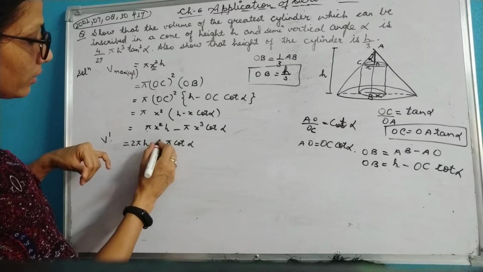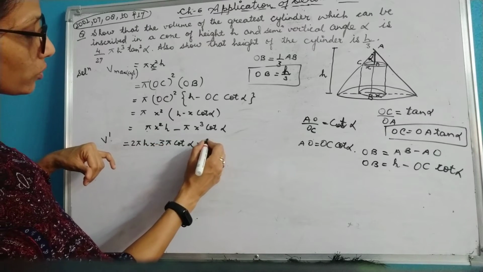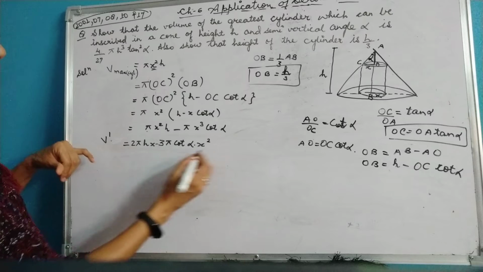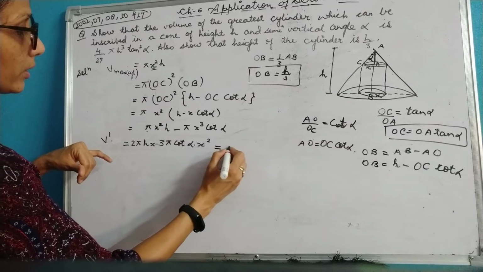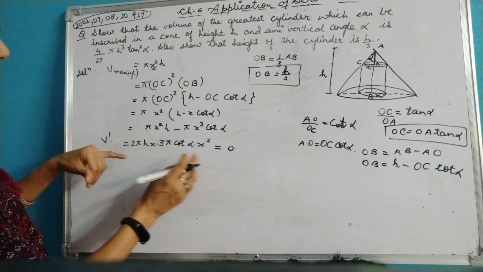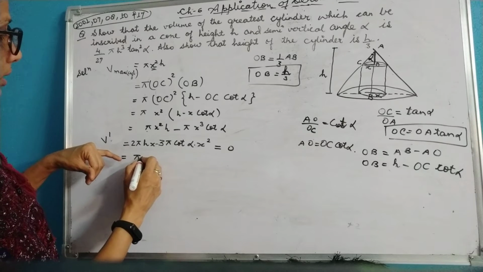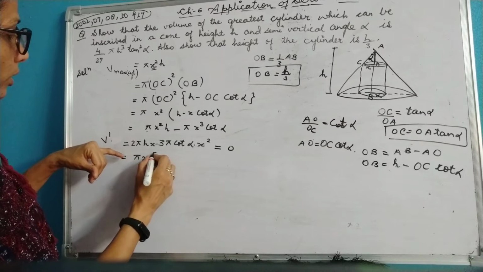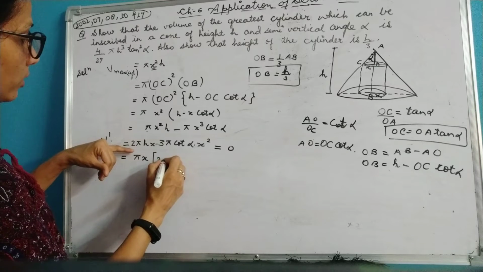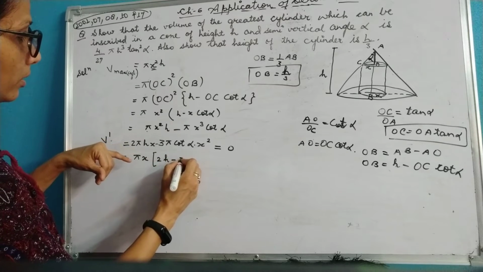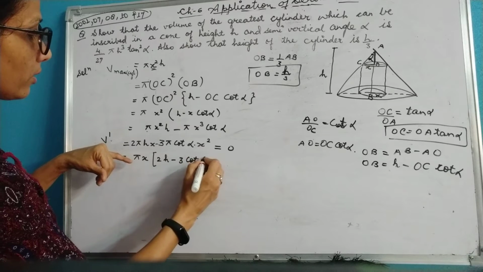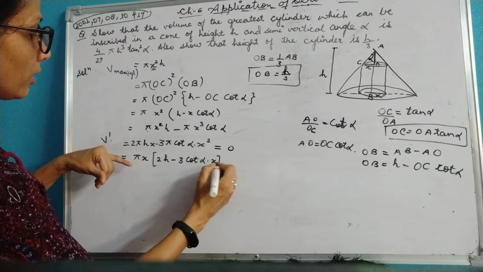So I can write it as minus 3x square. Okay. So here, to find the critical point, make it equal to 0. You can take common pi and you can take x common. So here you are getting it as x times, twice of h minus 3 cot alpha into x, equal to 0.